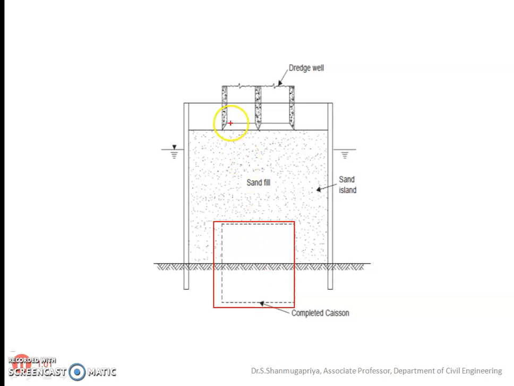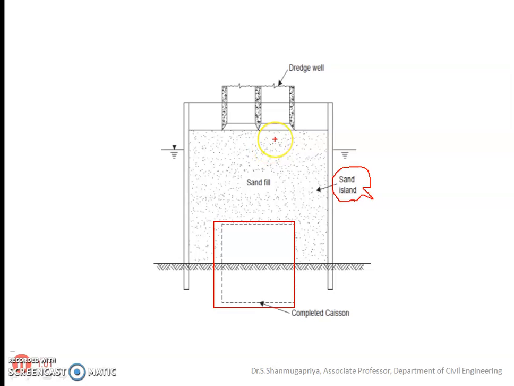This sinking can be achieved either in a dry environment, or from a dewatered construction, or by creating an artificial island. The last approach, which we call the sand island method, is a popular method for placing the open caisson. So we will be discussing today the sand island method for placing the open caisson.